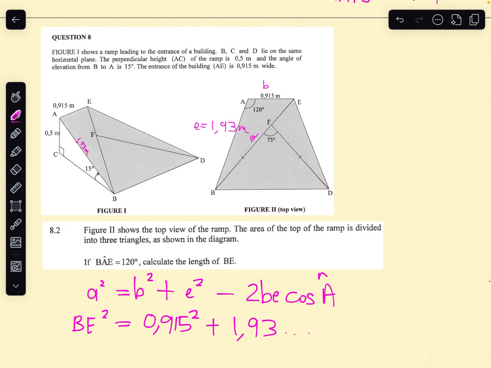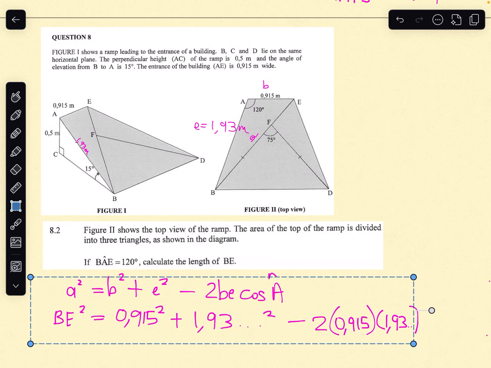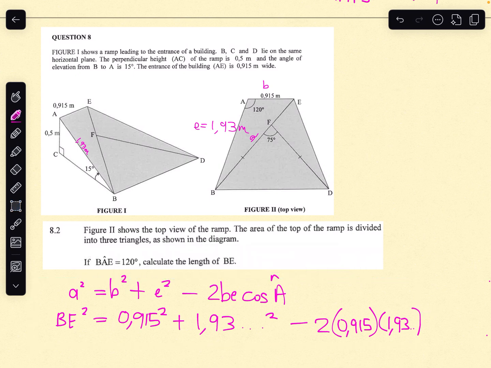So this is 1.93 whatever squared, minus 2 times 0.915 times 1.93 blah blah blah, times cos of A, which is 120 degrees.